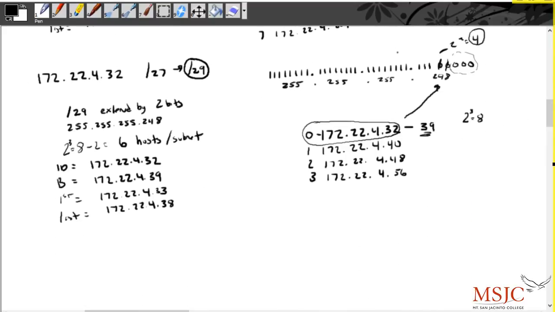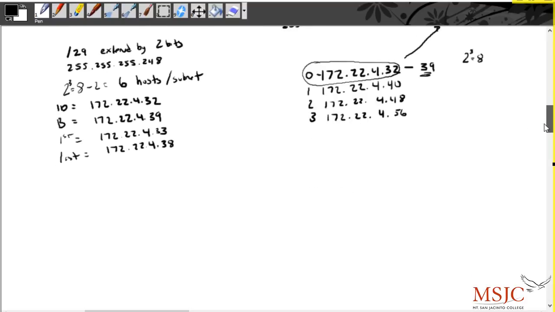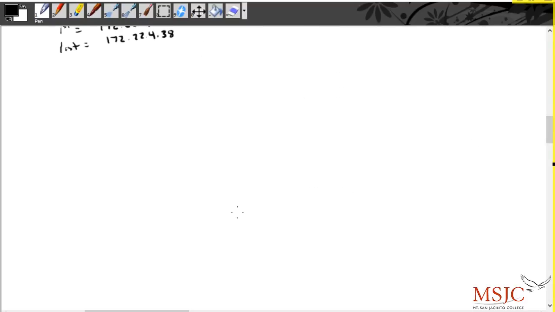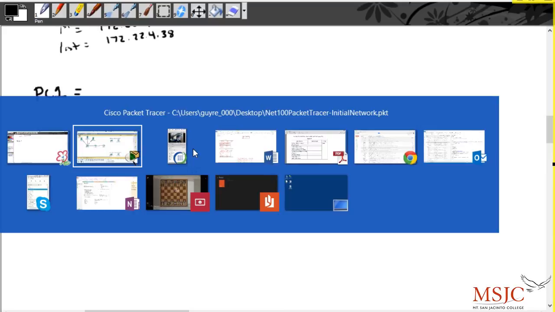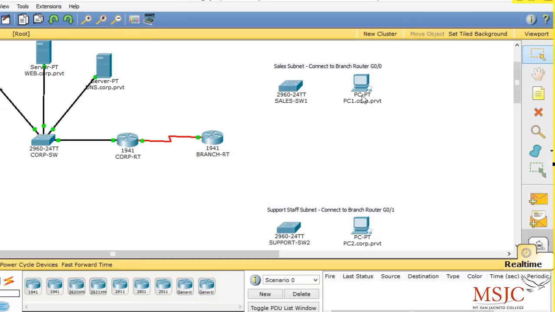Okay, let's just talk about what IP addresses we're going to assign to what devices. The instructions want us to assign PC1 an IP address, a subnet mask, and a gateway. Well, we have to look at PC1.